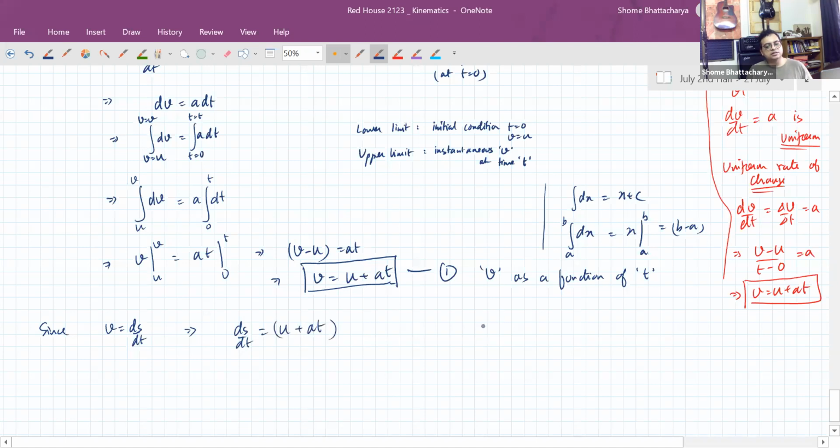Obviously, we understand here that U and A are both constants. Because U is the value of the initial velocity. It is not a variable, it is a value now, which is constant. Whereas A is the uniform acceleration. Therefore, U and A are both constants.